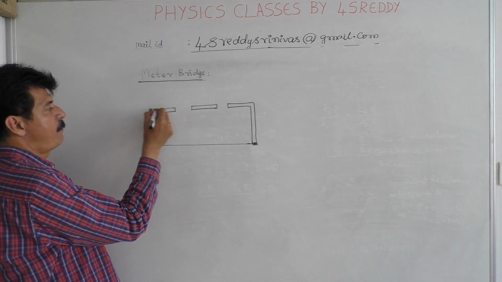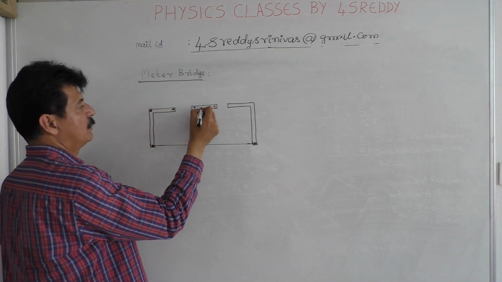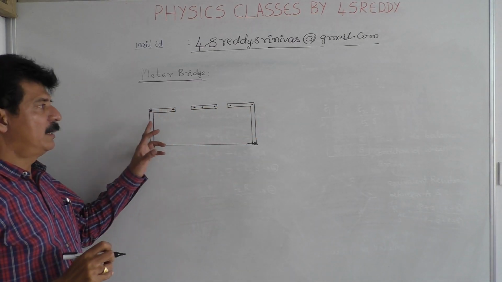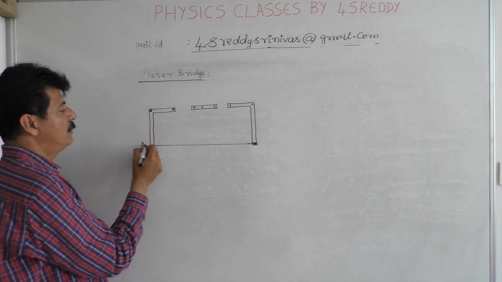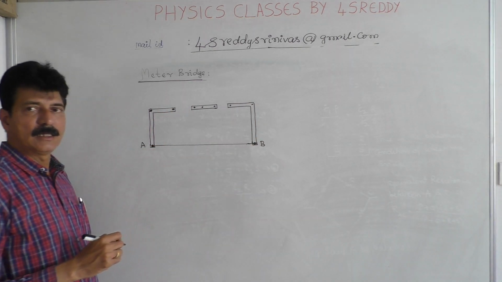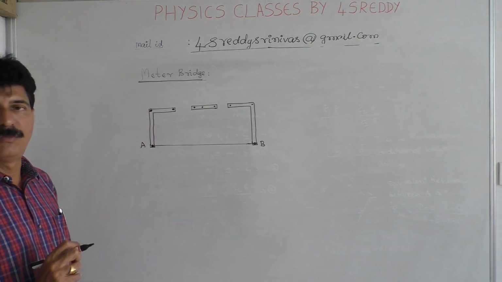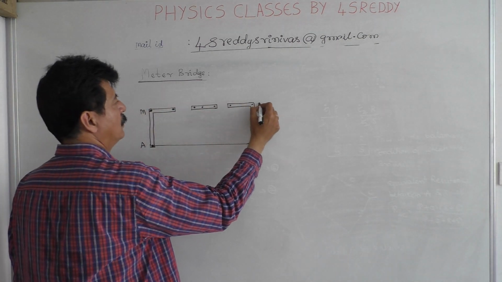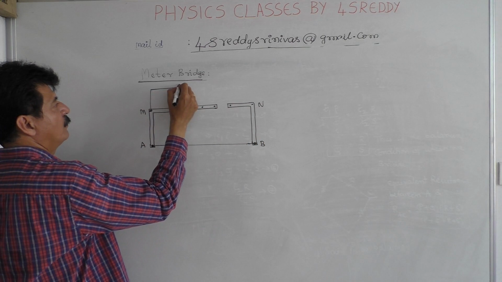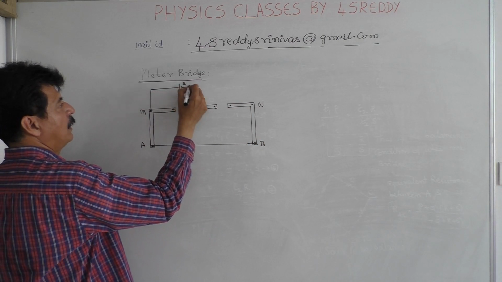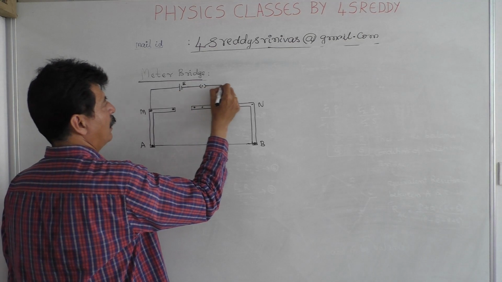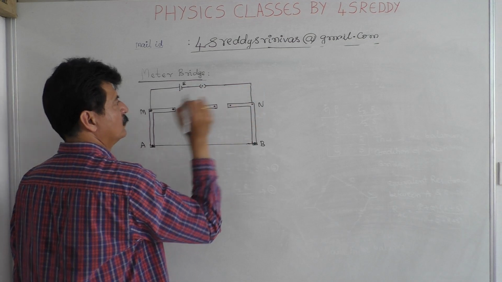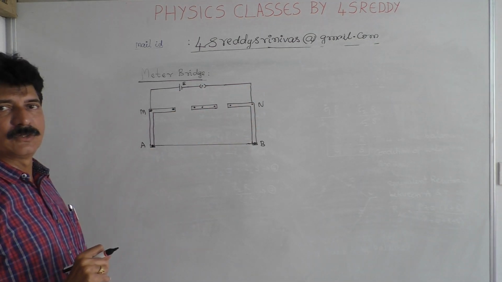It consists of two L-shaped rectangular metal strips mounted on a graduated wooden board. The terminals can be connected to a manganese wire of length 1 meter. Now, a cell of known EMF E, plug K, and the rheostat RH are connected like this.